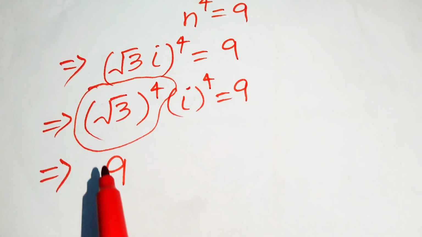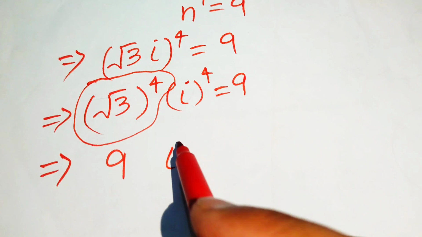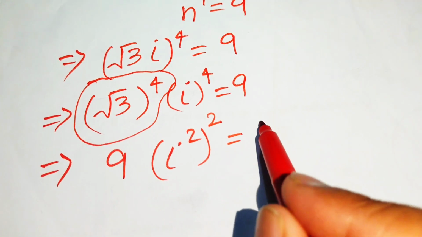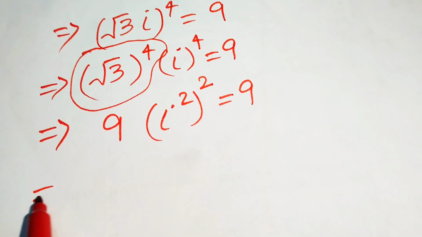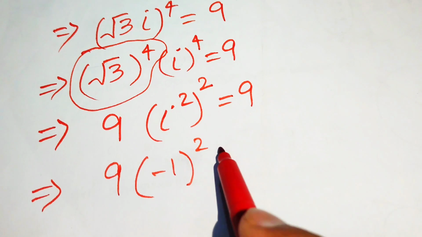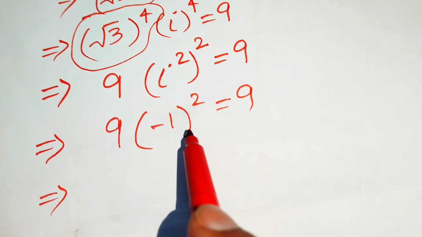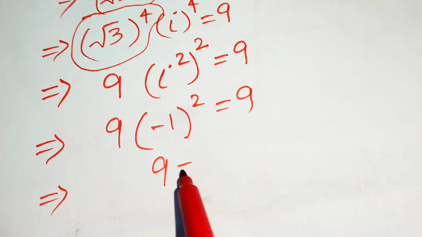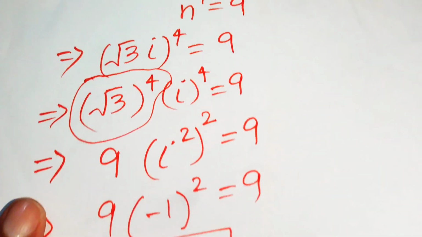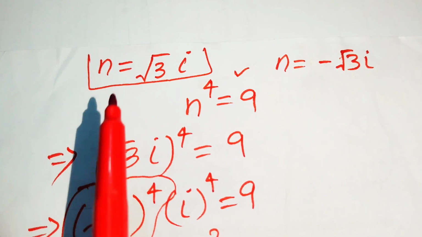We simplify as in the above case, and here you have iota to the power of 4, and we write it as (iota squared) squared. We break this exponent, and this equals 9. So after that we have 9, and we know that the value of iota squared is minus 1 and its whole square equals 9. We know that (-1) squared is equal to plus 1. So you get 9 equals 9. So this shows that n equals square root of 3 iota satisfies our given question statement. So this is also a root of the given equation.